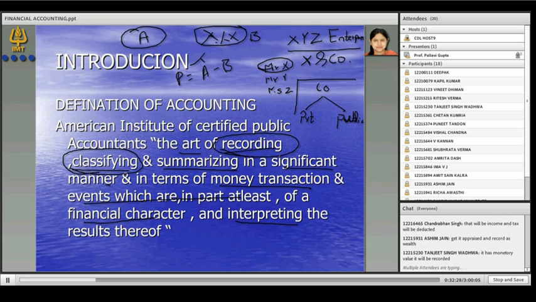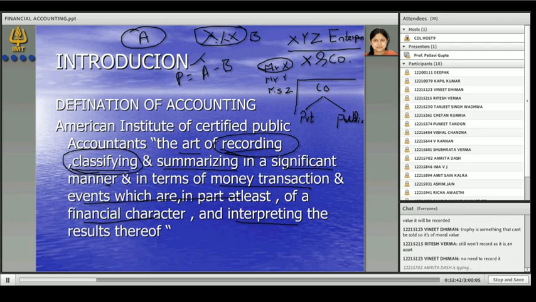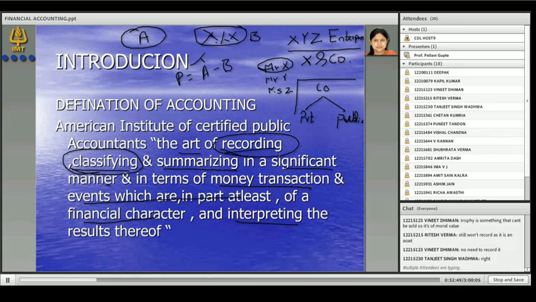It only has monetary value. The brass trophy does not have a monetary value. Brass can also be sold to a kabadi. He will give something out of it. Moral value. We don't record the moral values, right?